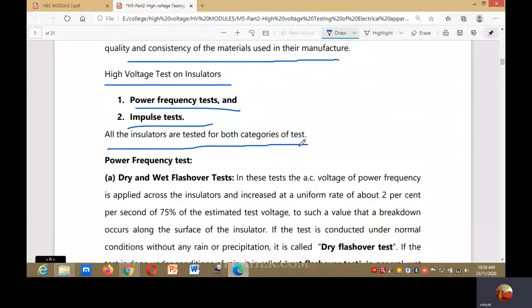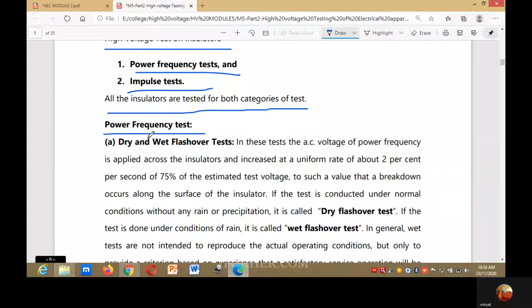First, the power frequency test: dry and wet flashover test.